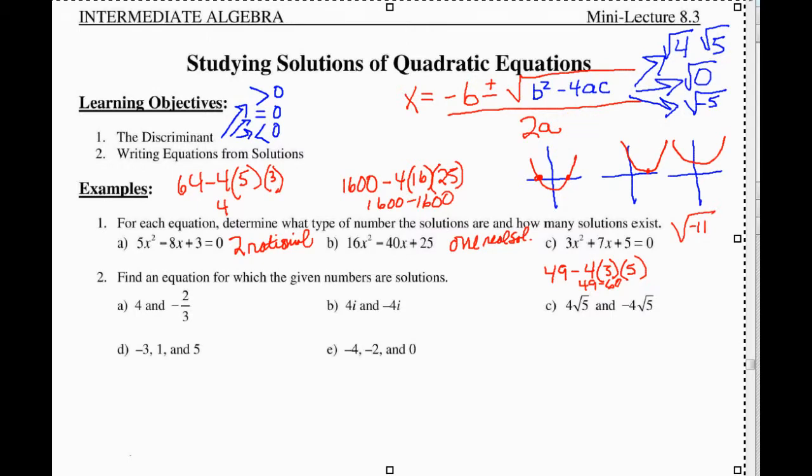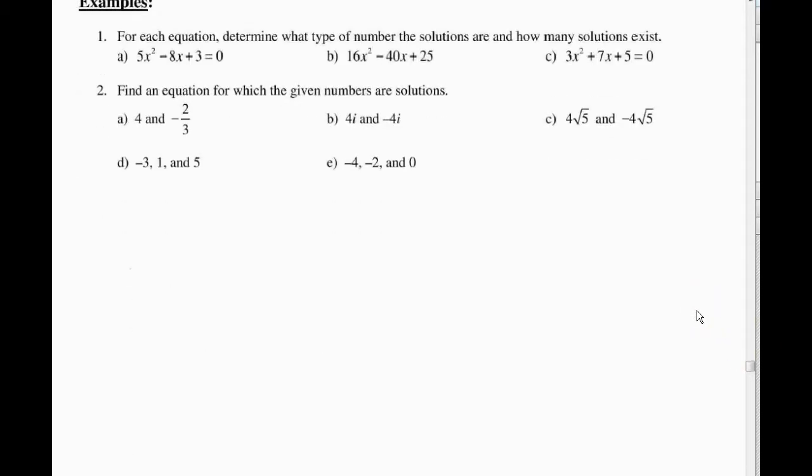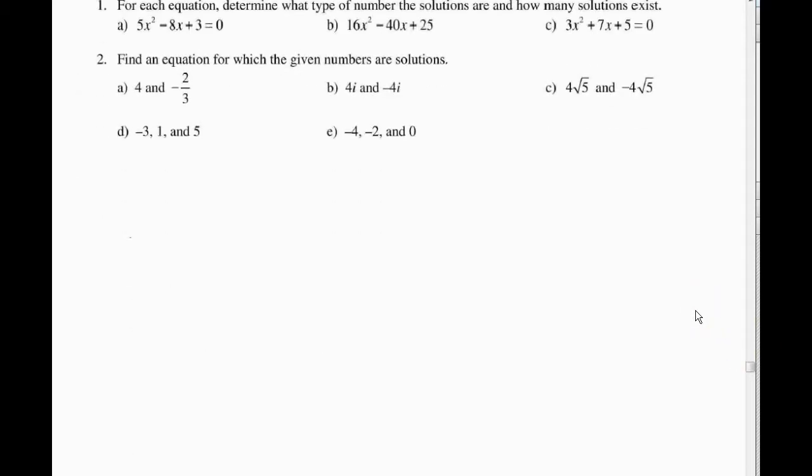Okay, this next part I think is sort of interesting too. I guess everything's interesting for me. Let's go and say, what are we going to do here? Well, I think we did some of these a little bit in the past. Now they're giving us the answers to what the quadratic equation results in, their solutions.